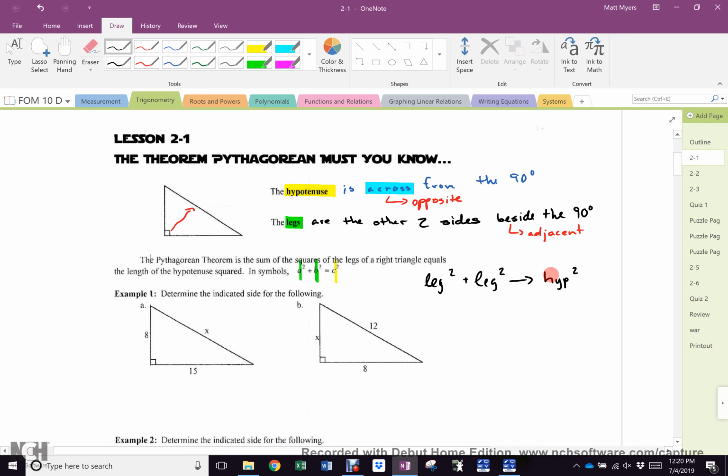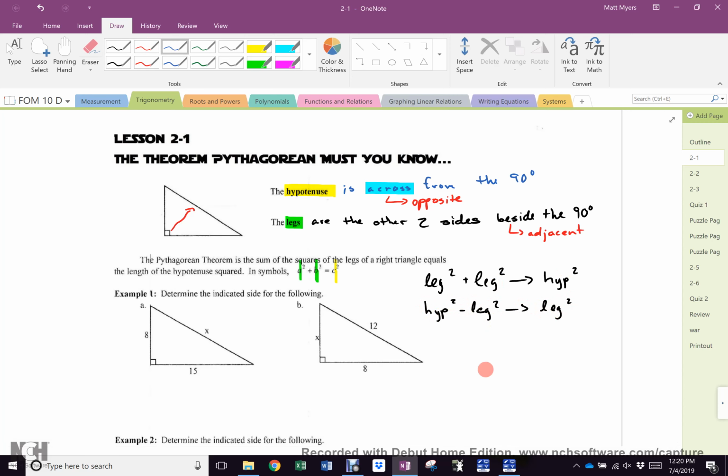This finds me the hypotenuse, but what if I already know the hypotenuse? What must I then do? Subtract. You also must be aware that hypotenuse squared minus leg squared gives you the other leg squared.